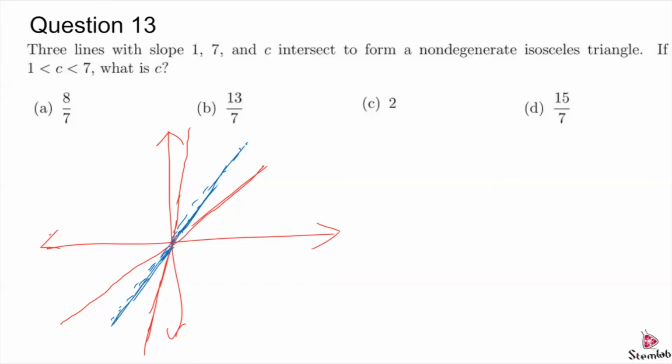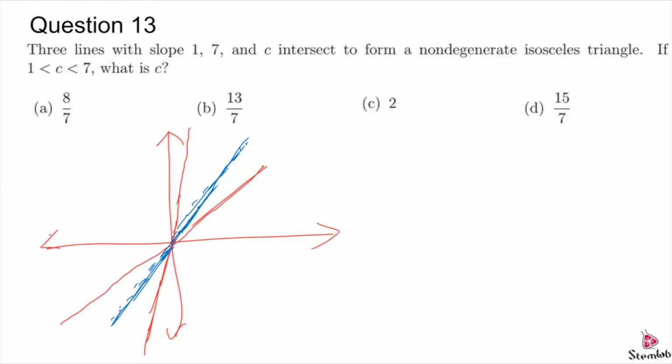And we're told that some combination of lines that has these slopes will form a non-degenerate triangle. So one way to do it would be to shift one of these lines to see if we can actually form isosceles triangles. So we have control over the slope of C, the slope of the blue line, which is C. So the ones that we can control the slope of are the two red lines.